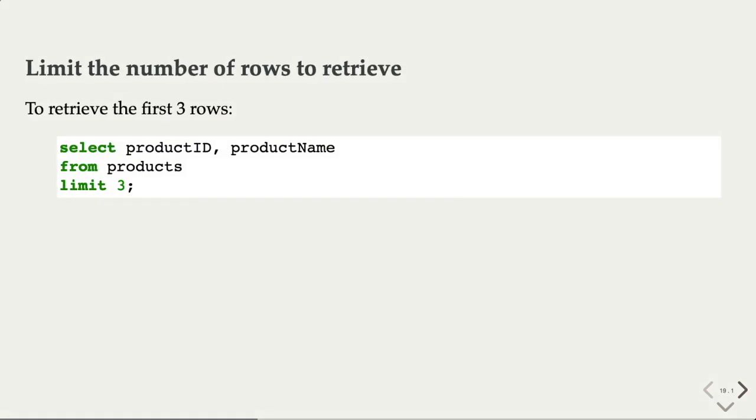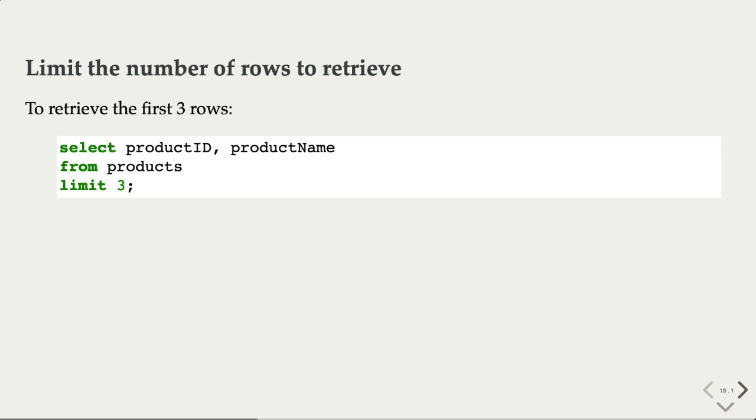Sometimes when we try to query a large database, the result may be too many, and it will be difficult for us to take all the results and show them in one page. So it does make sense sometimes to limit the number of rows to retrieve.